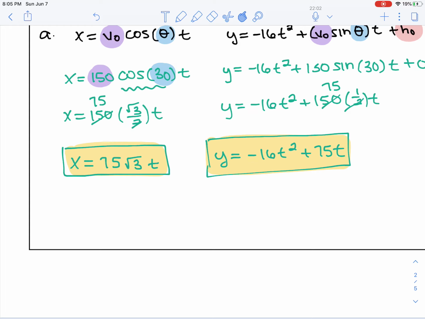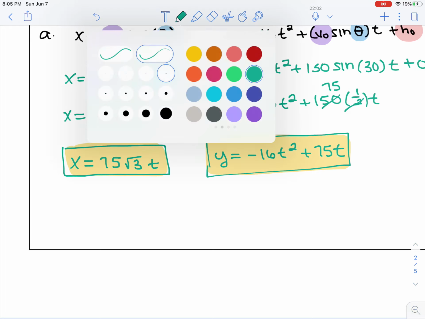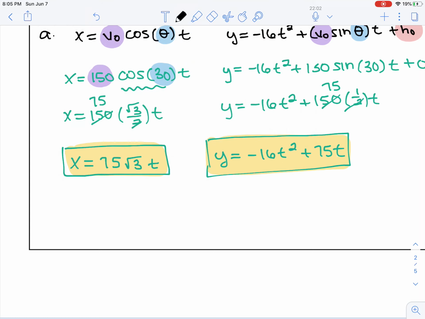Okay, so we know that the golf ball started on the ground. It was hit up and it falls back down. So if we think about this graphically, our golf ball was on the ground, it got hit up and it fell back down. So we're looking for this spot, where our height is 0 again. It was 0 initially, but now we're looking for how long after it was hit it was 0 again.